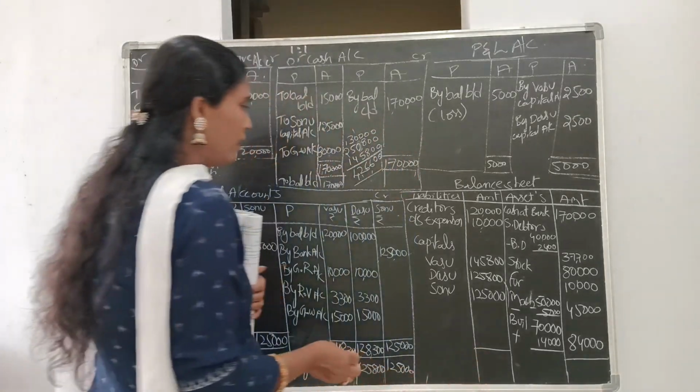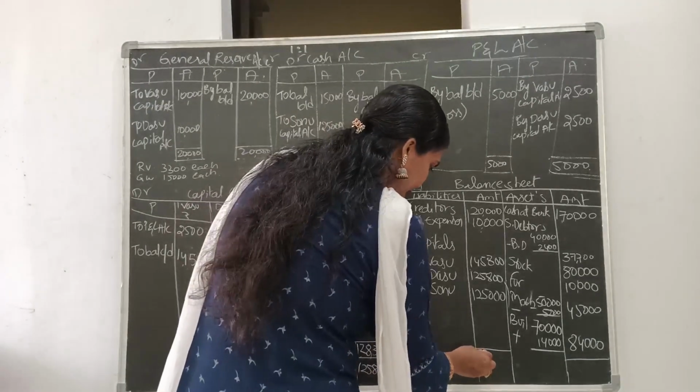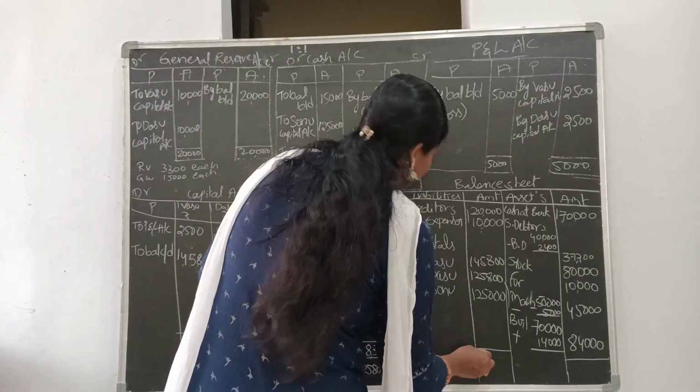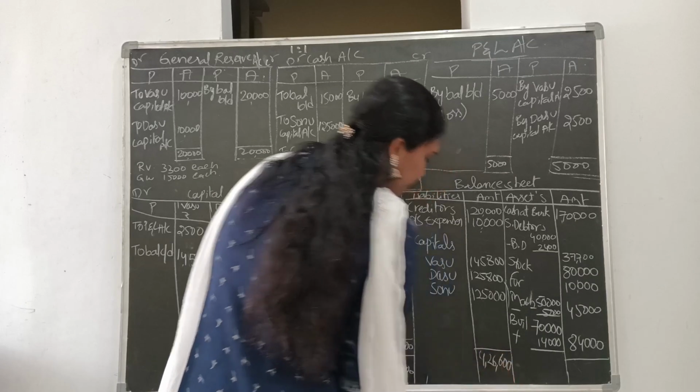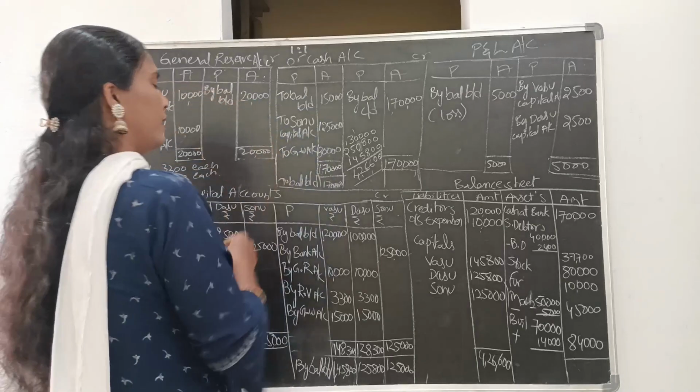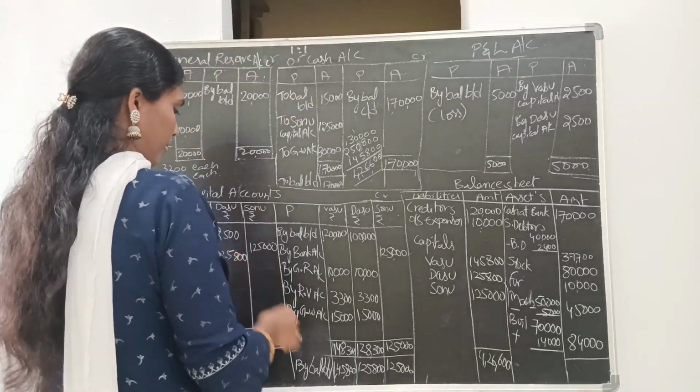So now do the total on the asset side. First I will write this 4,26,600. We'll see whether our balance sheet gets tallied or not.